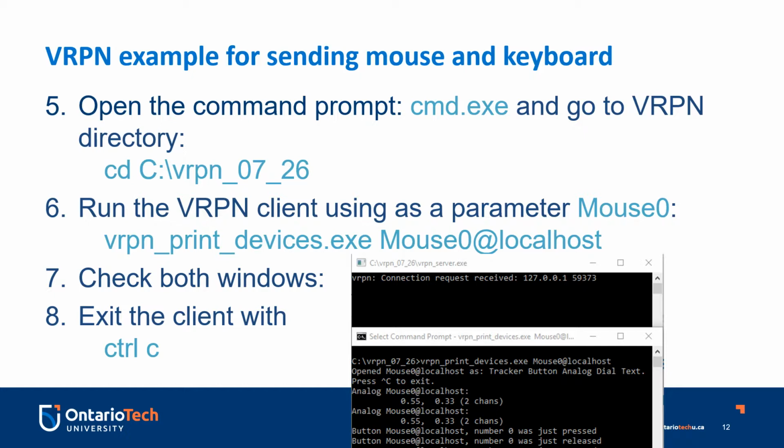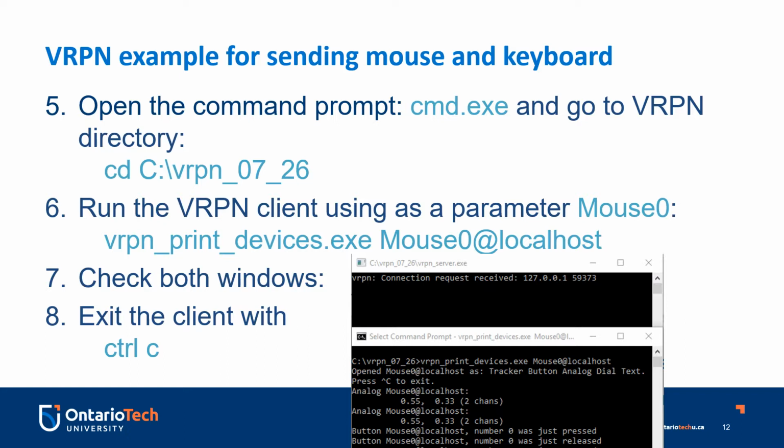Later, we have to use the command prompt program to go to the directory and run the VRPN client. For this example, our client is called vrpn_print_devices.exe, and we have to type the name of the device that we will use for VRPN.